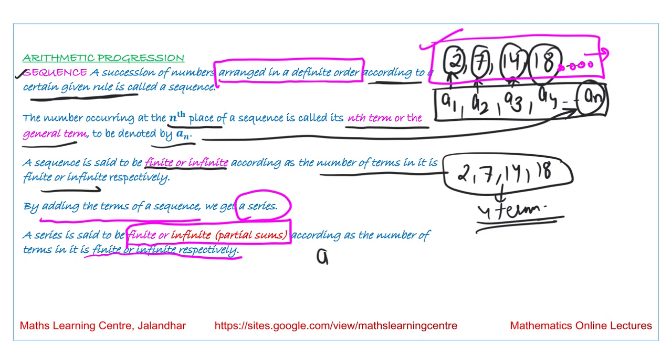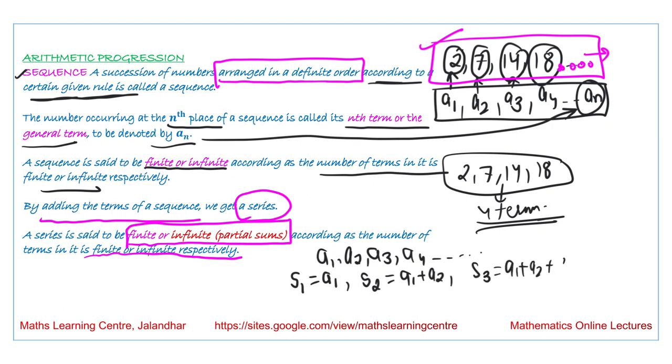Suppose we have a sequence A1, A2, A3, A4 and so on. Partial sum S1 means the first term A1, then the sum of 2 terms is A1 plus A2, then S3 is A1 plus A2 plus A3, S4 is A1 plus A2 plus A3 plus A4.